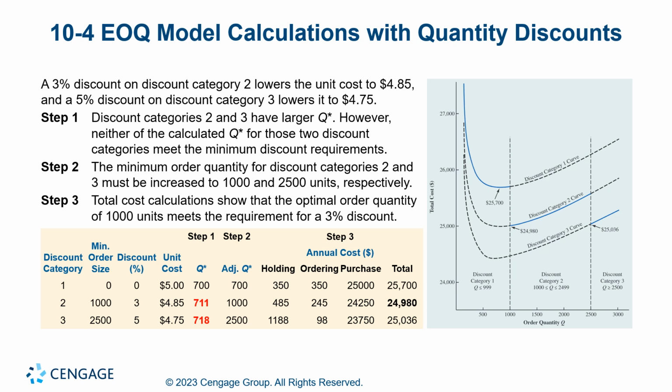With the cost of 4.85, it tells you that the optimal ordering quantity is 711. And at 4.75, the Q that will minimize the total cost is 718. But for all these figures, none of them enjoys the discount.